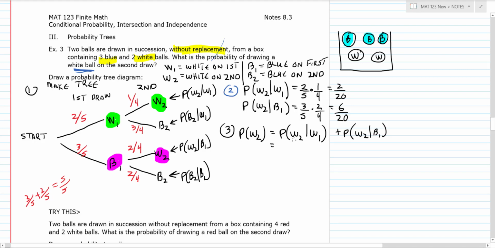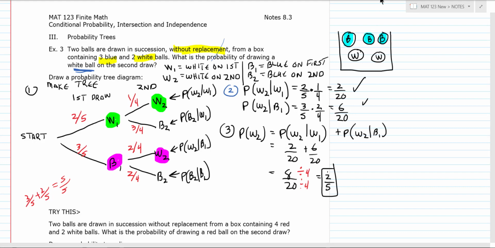This one was 2 out of 20, and this one was 6 out of 20. So you end up getting 8 out of 20. You can now reduce that fraction by a factor of 4, and you would end up with 2/5 as the answer. That's it. The probability tree is the way to put that together because it's really hard to visualize what's happening on that problem.